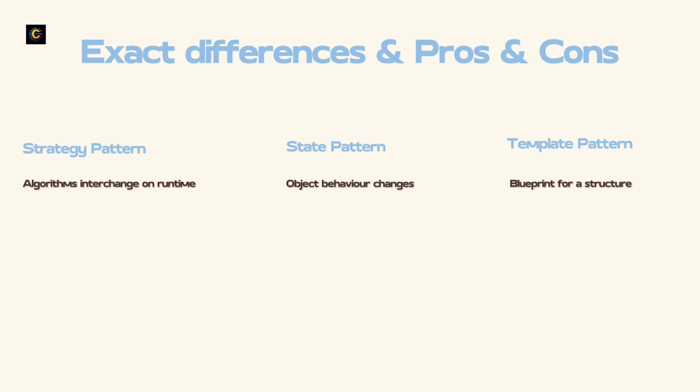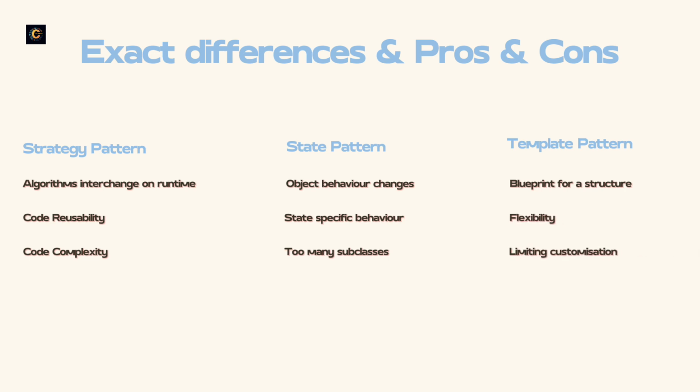For example, the strategy pattern promotes code reusability, but it also introduces complexity. The state pattern simplifies state-specific behavior, but it can also lead to many subclasses. And the template pattern can provide flexibility, but it may limit some customization.